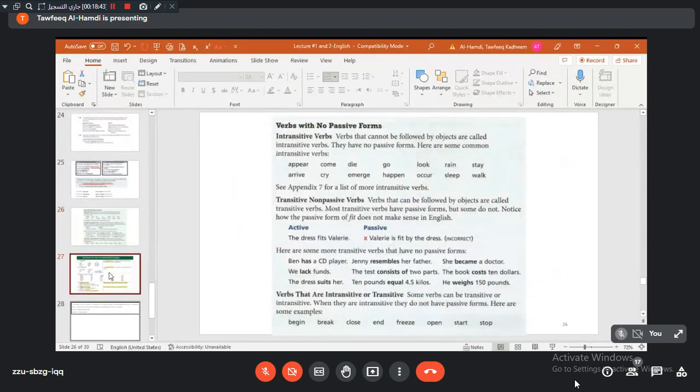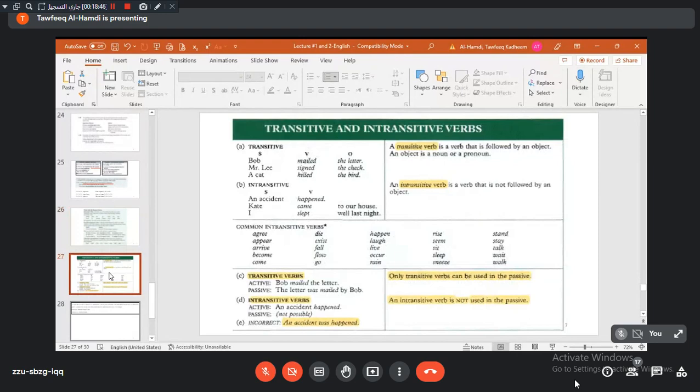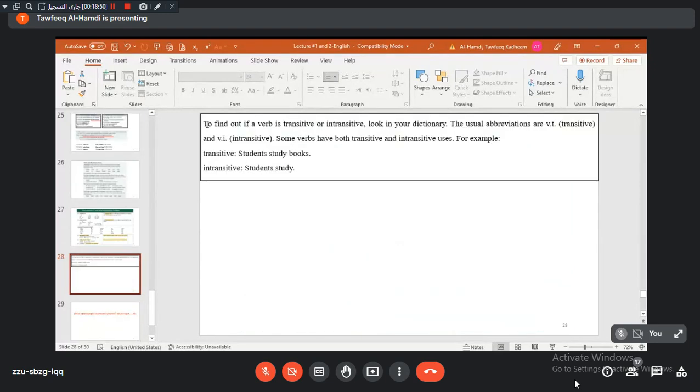When it comes to using a dictionary to find out if the verb is transitive or intransitive, the usual abbreviations are V.T. to refer to transitive and V.I. to refer to intransitive.